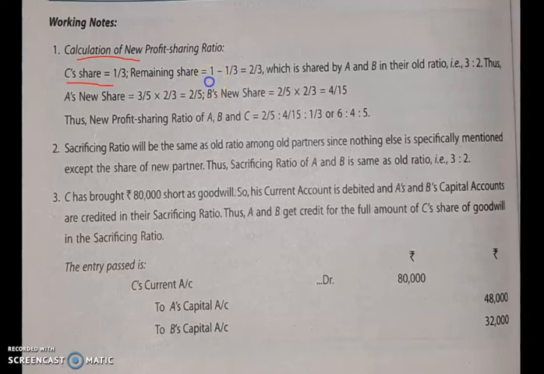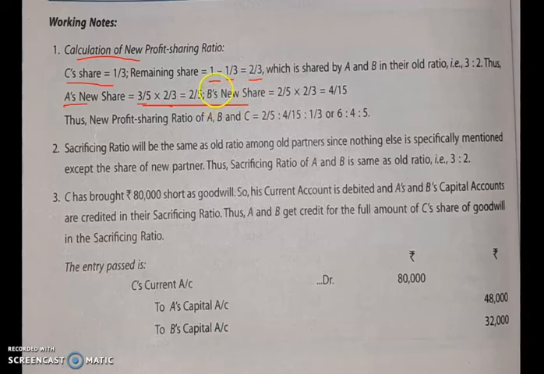Out of that one piece of cake, 1/3 is C's. So how much of the cake is left? It's 2/3. From this 2/3, we have to calculate the new share of A. So old share of A into this 2/3 part. If you multiply this, you will get the new profit sharing ratio of A.